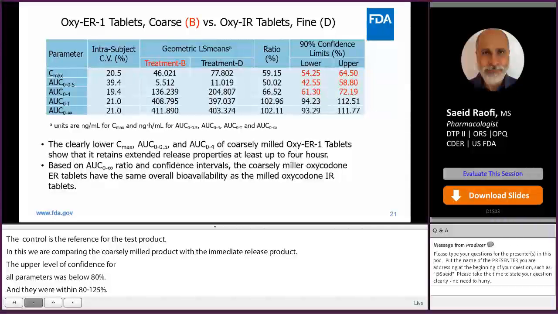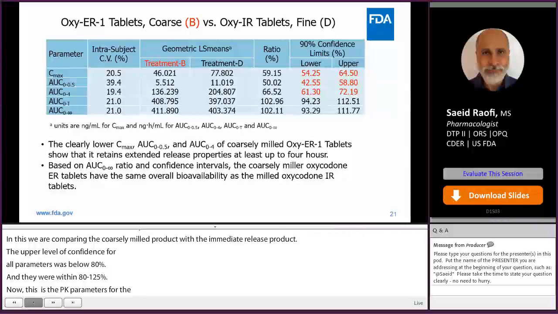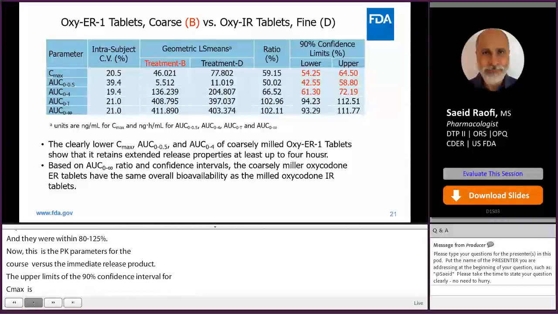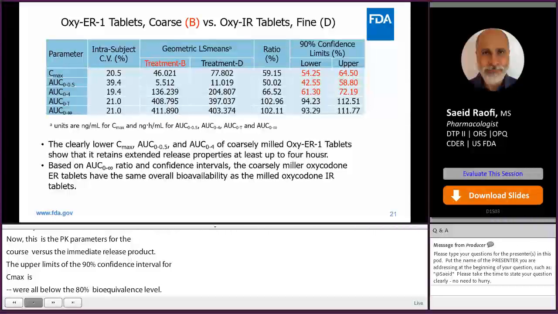As you can see, the upper limit of the 90% confidence interval for Cmax, AUC 0 to 0.5 hours, and AUC 0 to 4 hours all fall below the 80% bioequivalence level, indicating that this drug, at least up to 4 hours, clearly has lower bioavailability than the reference, the immediate release product.